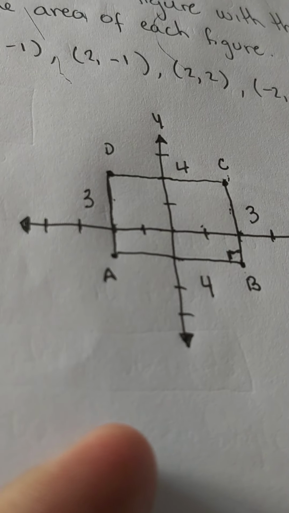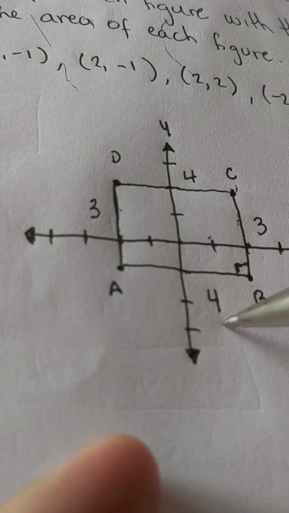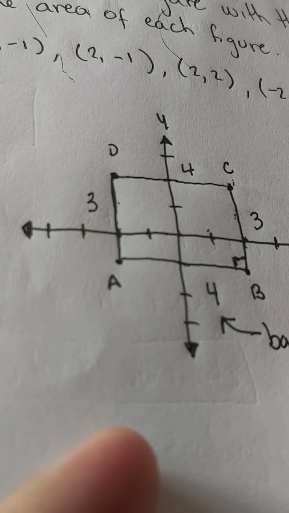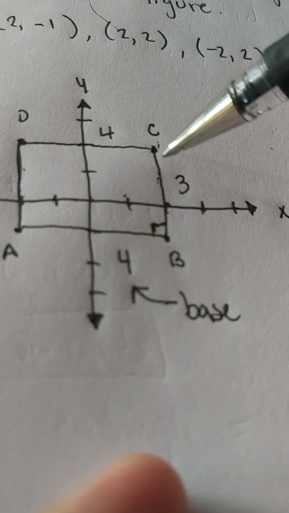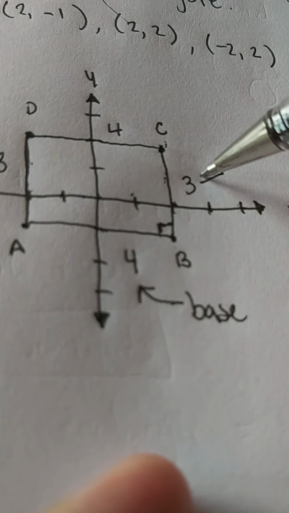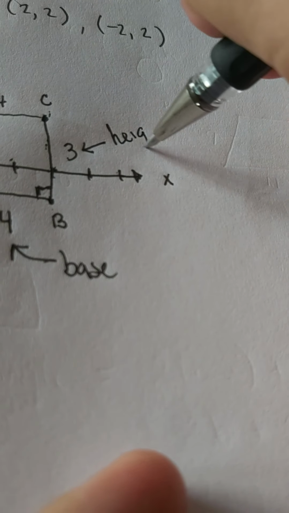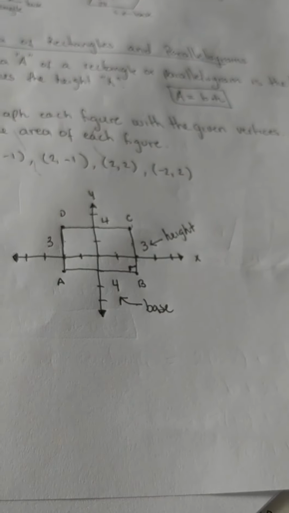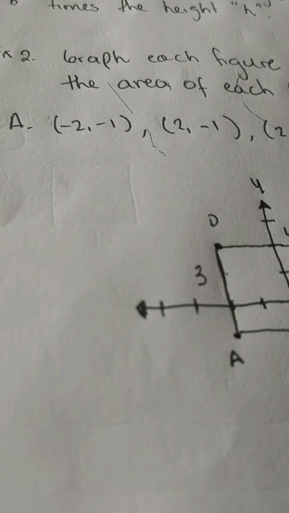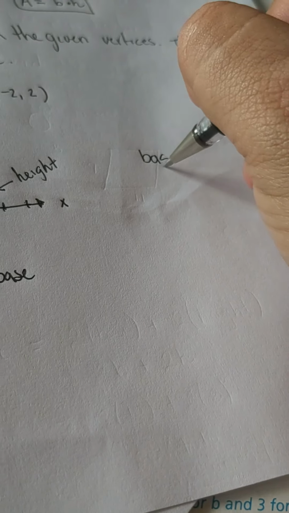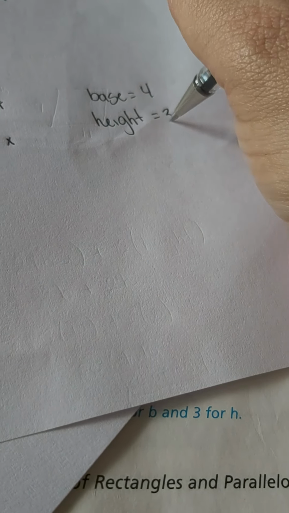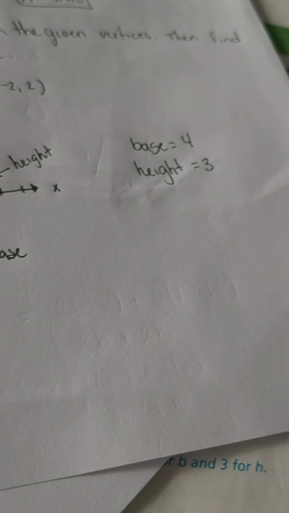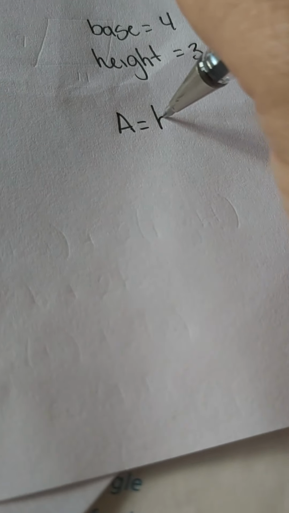Now let's define the base and the height. This will be our base, right? Now, since this is our perpendicular line to the base, that means that this will be our height. Now we have defined the base and the height. In this case, base is equal to 4 and height equals 3. Now we can use the formula for the area of this figure. Area equals base times height.